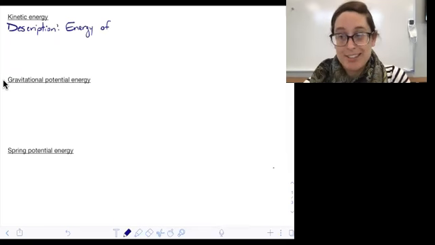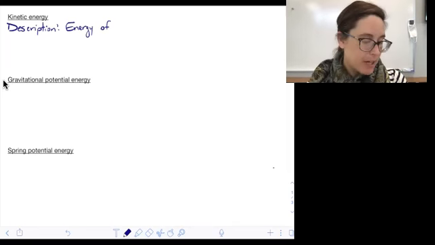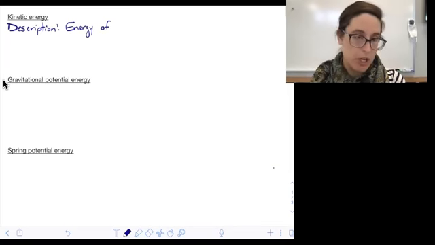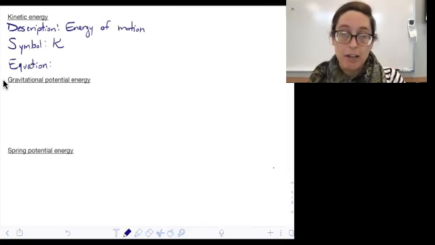And since we talked about the fact that energy is the capacity to cause change, then that would certainly count. Now, the symbol that we use for this is a capital K. So anytime we see a capital K around, we know we're talking about kinetic energy. And we can calculate how many joules of kinetic energy we have.